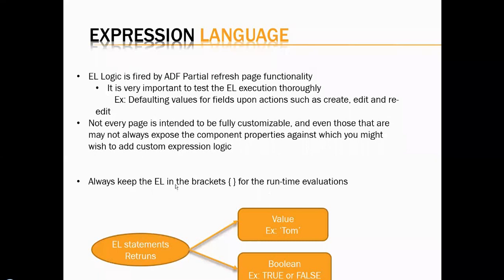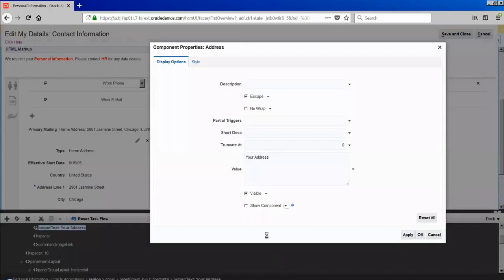So this EL statement, by default, takes a value and it takes a boolean value, true or false, both. So previously we gave your address and automatically your address got populated, and it takes true or false also. It means if it is true, then it is visible, and if it is false, it is not visible.